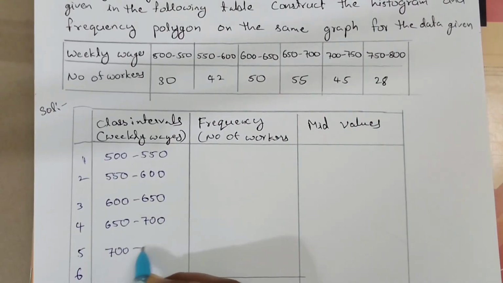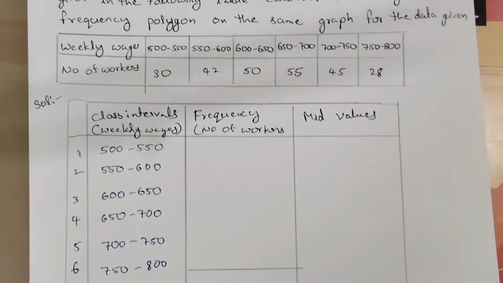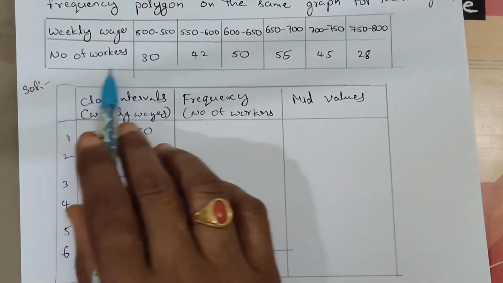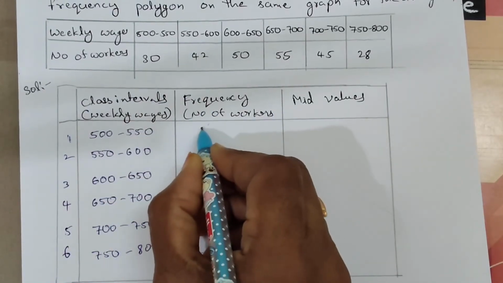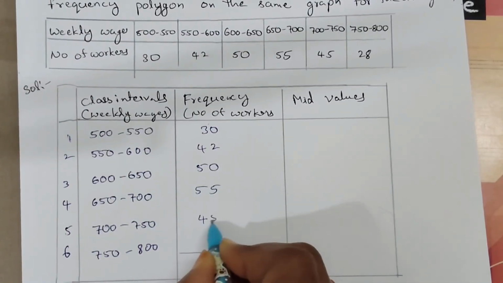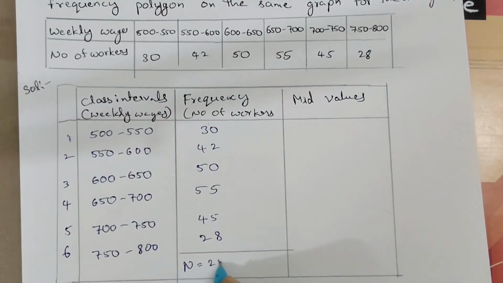Next 700 to 750, 750 to 800. These are the 6 class intervals. Now frequency. Frequency is the number of workers. We write frequency 30, 40, 50, 55, 45, 28. The total of all these numbers is n equal to 250.